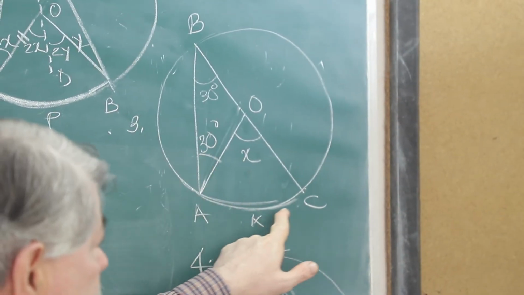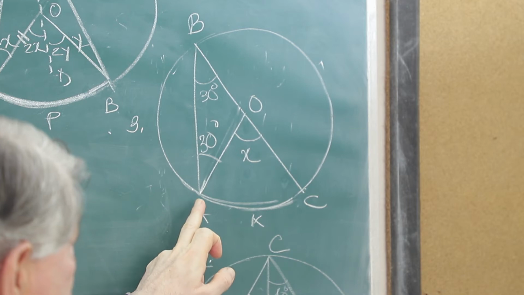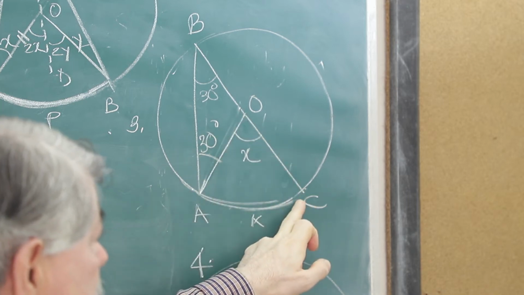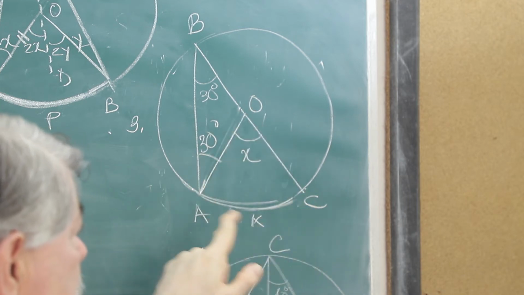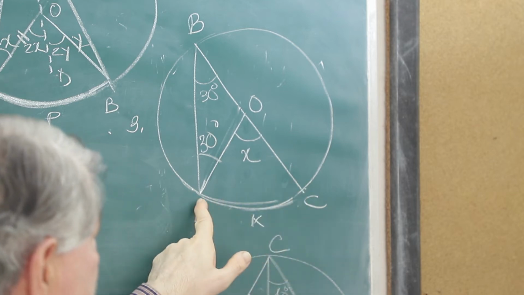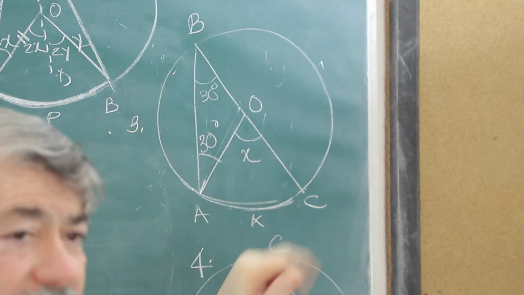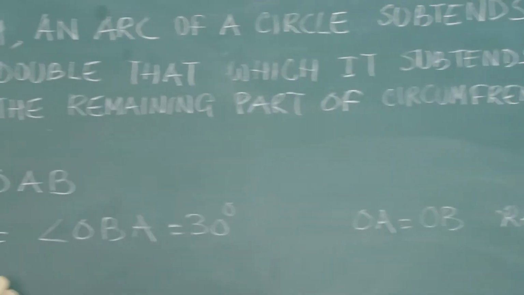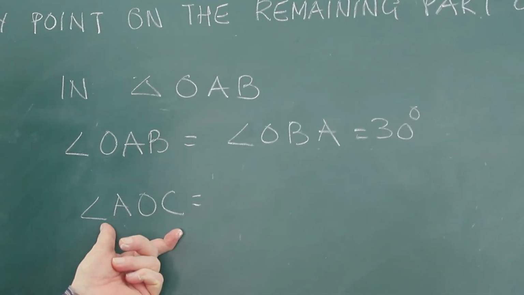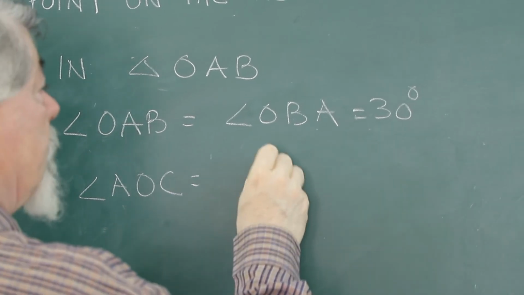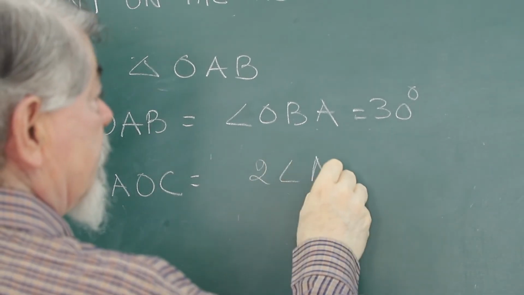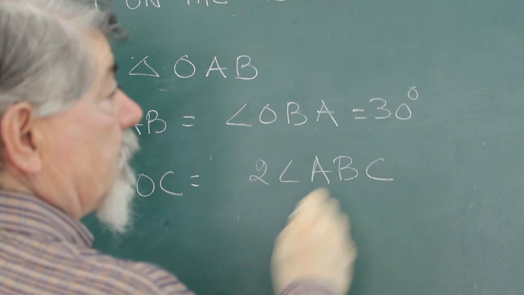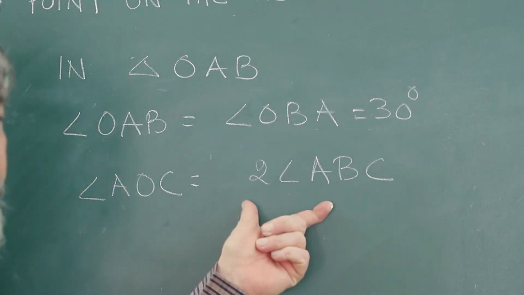Now this arc AKC subtends angle AOC at the center, and AKC subtends angle ABC at the circumference. So again we will have the relation that AOC, the angle at the center subtended by the arc AKC, will be double the angle which it subtends at the remaining part of the circumference, that is ABC.